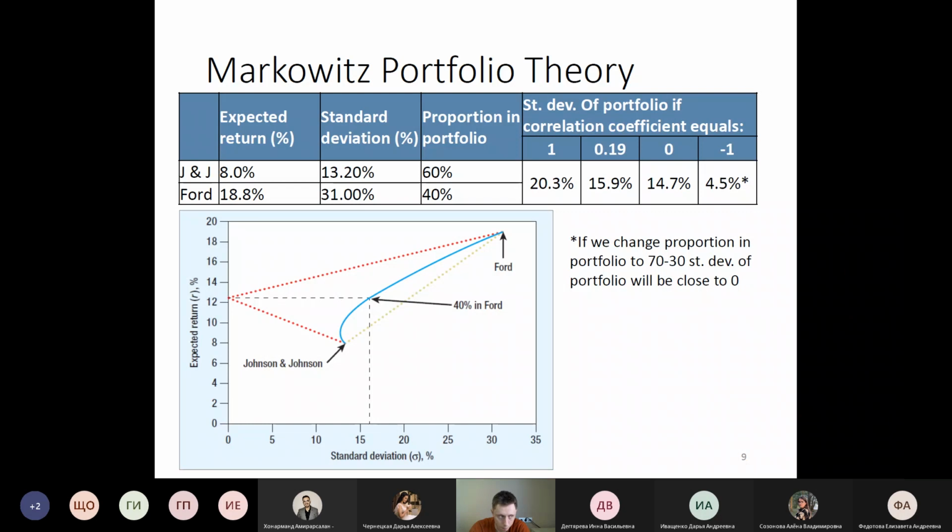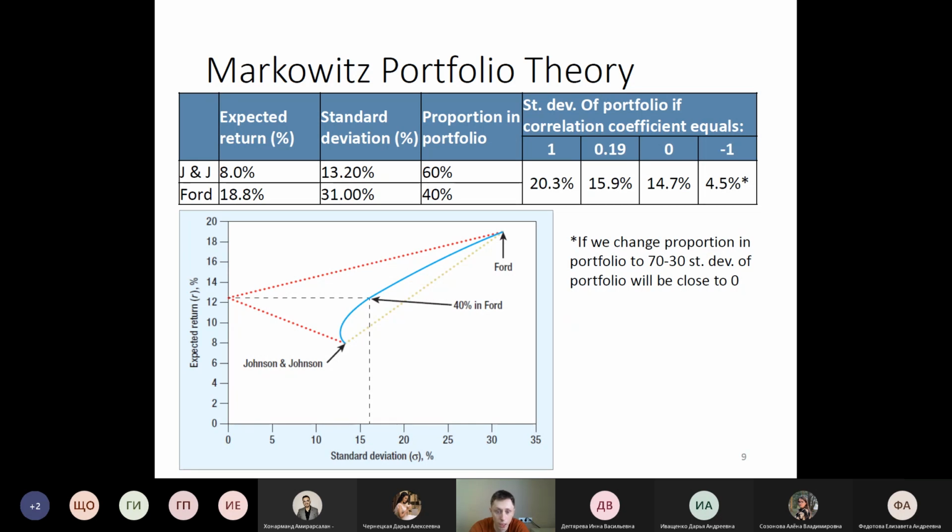And an important factor that determines the results of diversification is the correlation coefficient. There are some assets that correlate strongly with each other, and combining them together will not provide us any substantial reduction in the risk.